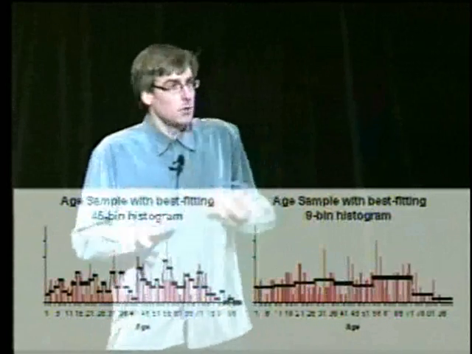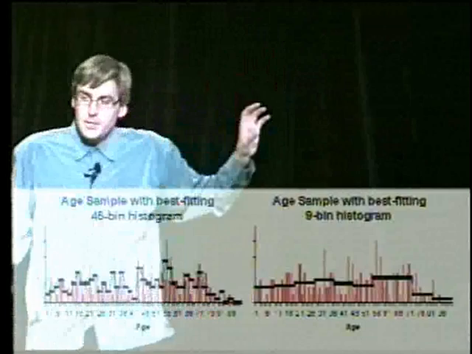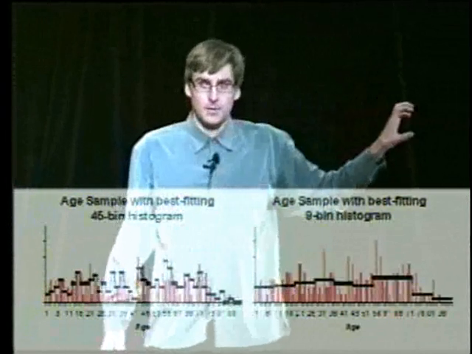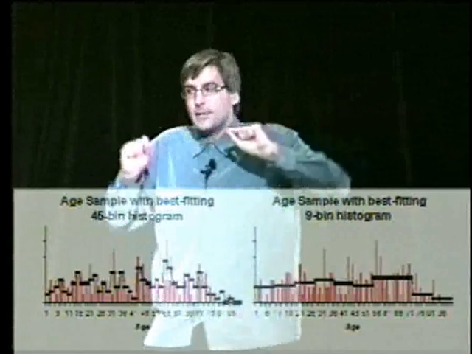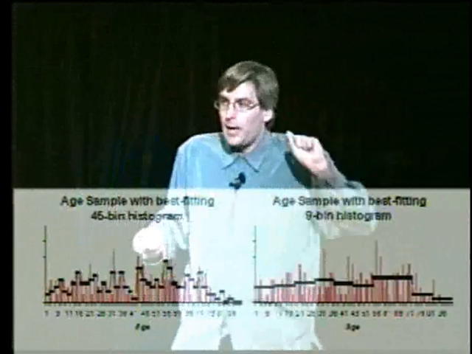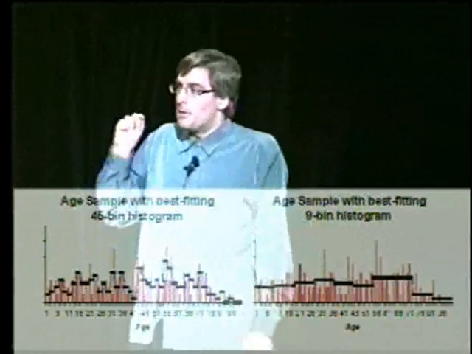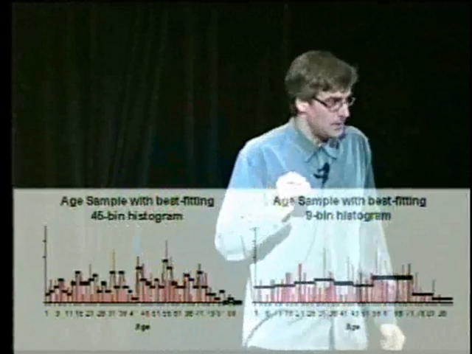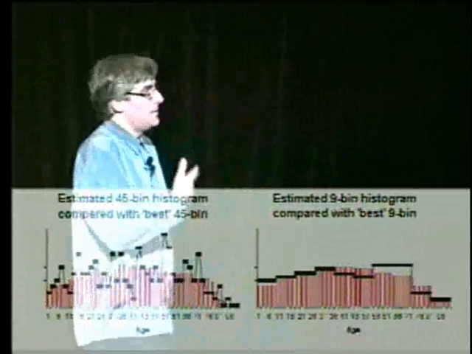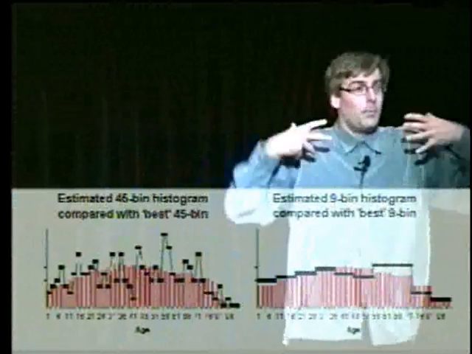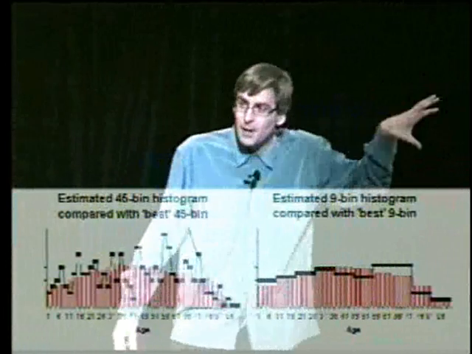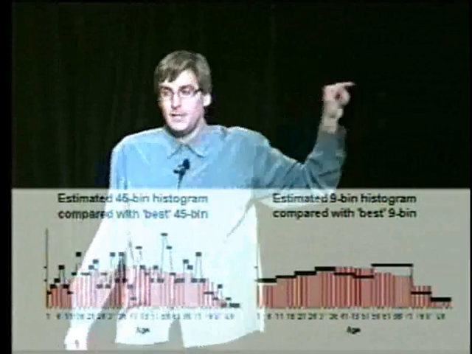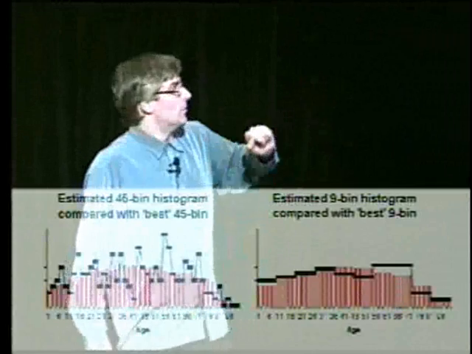In other words, from a statistical point of view, what we're doing is using our sample to estimate parameters for these classes of models. And one way we can ask about the adequacy of these models is to look at how well they describe the sample data, but another way is to look at how close they come to the best models in their families. Now, because this is an example that I've made up and we know what the population is, it's possible actually to compare the 45-bin histogram that we estimated to our sample with the best fitting 45-bin histogram for the population.